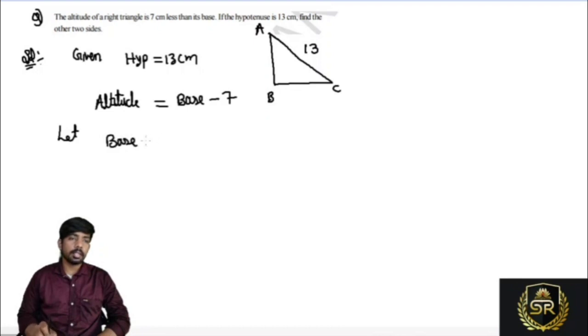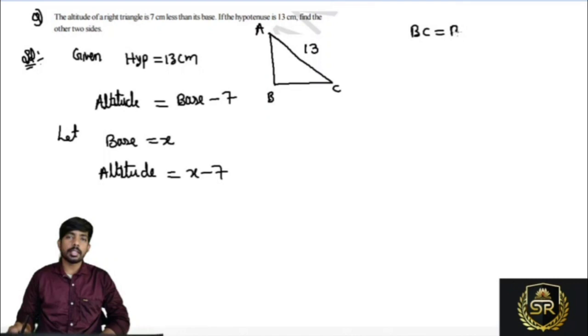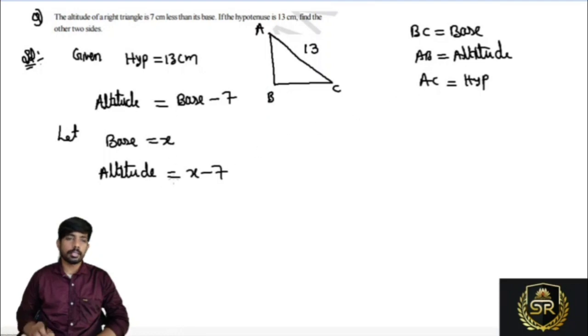Then the altitude can be written as x minus 7, right? The base is BC, the altitude is AB, and AC is the hypotenuse. BC is x, and AB is x minus 7.